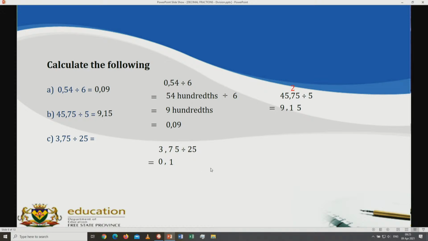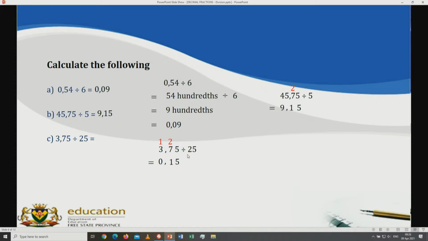And then we'll be left with how many tenths now? We'll be left with 12 tenths. And then we are going to say 25 into 125 hundredths. It goes how many times? It goes 5 hundredths. So that's why it will give us 0,15.